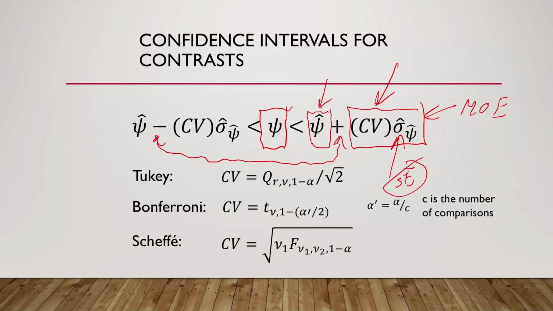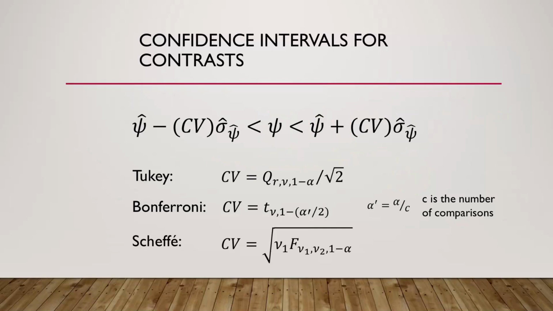So looking at the confidence interval formula right there, that confidence interval formula is the same no matter which of the procedures we're using. So we're estimating the contrast and we're adding and subtracting a margin of error. What's different is what distribution we use to pull out the critical value.